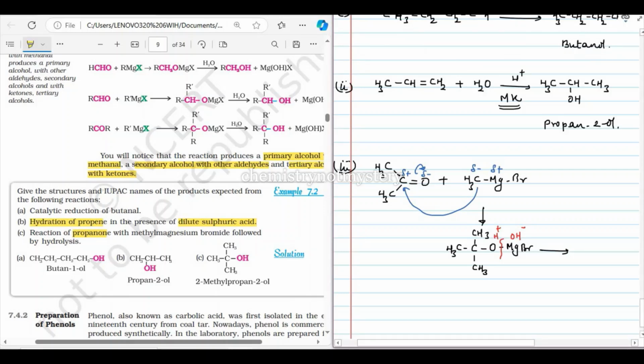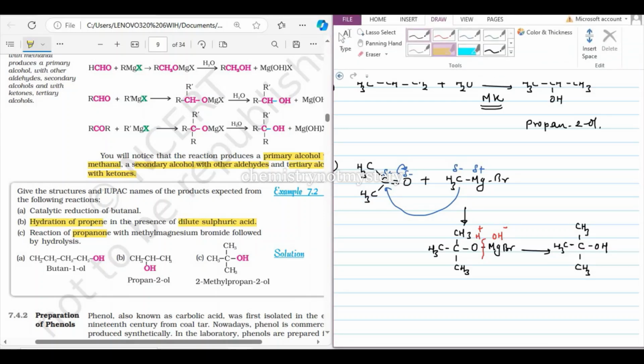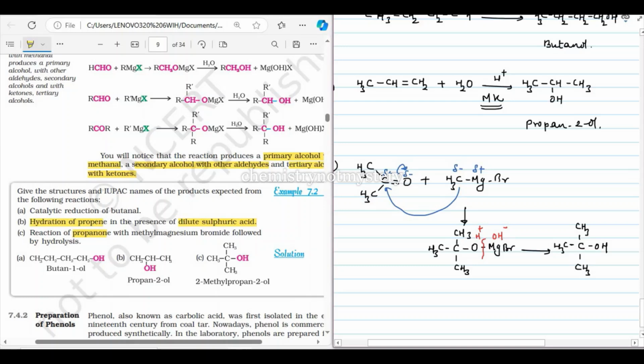So the product that you will get will be a carbon bonded on three sides with methyl. So here CH3, CH3 and here you will get OH. Now name this molecule. First of all, select the longest carbon chain to which the functional group is bonded. So here this is a 3 carbon long chain to which the OH group is bonded, and there is one substituent.